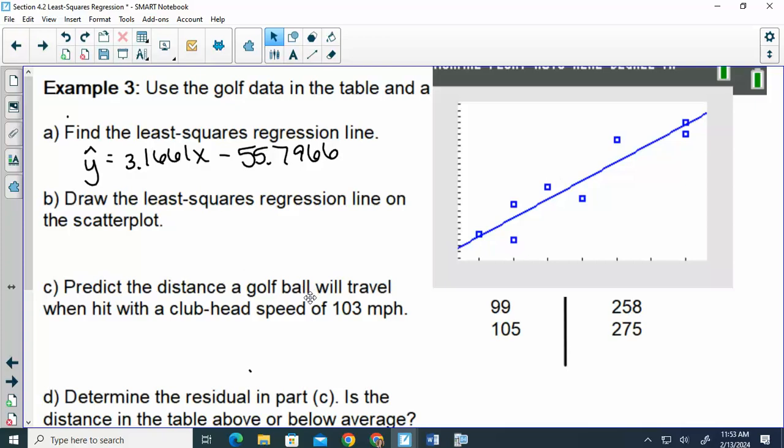Next question I asked. Predict the distance the golf ball will travel when it's hit with a speed of 103 miles per hour. So 103 is which variable? X. So you just plug that into your equation.